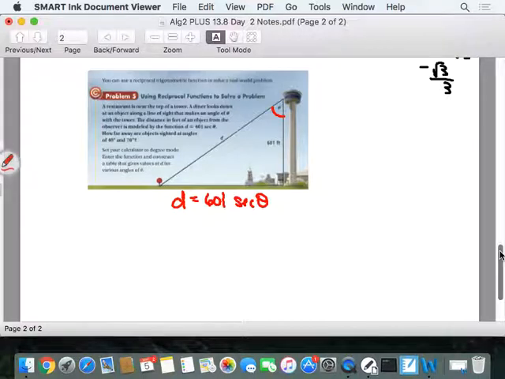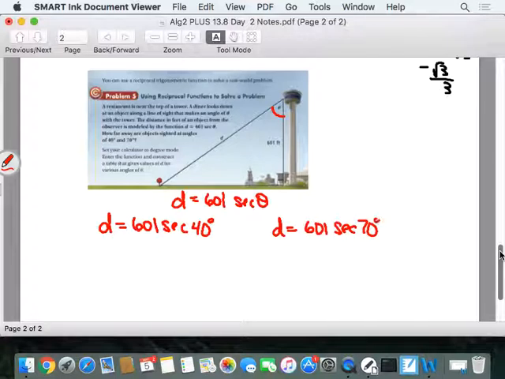So we're going to do this twice. You're going to do d equals 601 secant 40 degrees, and you're going to do d equals 601 secant 70 degrees. You're going to find those two distances and then subtract them. You should be in degree mode back from example 5. So go ahead and figure out how to do this.